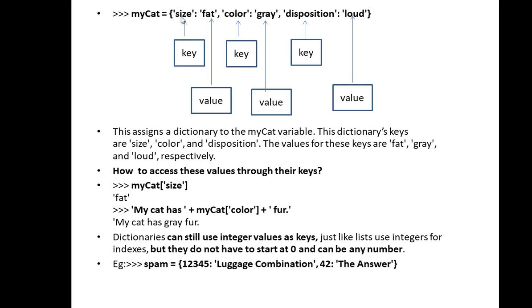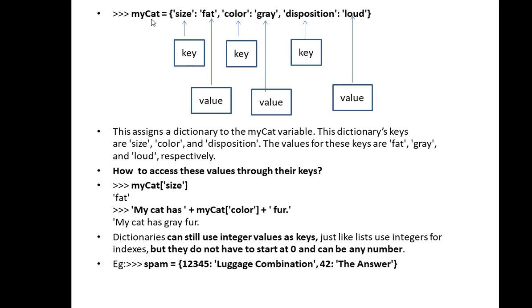So let's create a simple dictionary. See, myCat is a dictionary in which you can see this is the first item, this is the second item, this is the third item. Every item has two things separated by a colon. The first one is the key of that item, and every key will have a corresponding value.